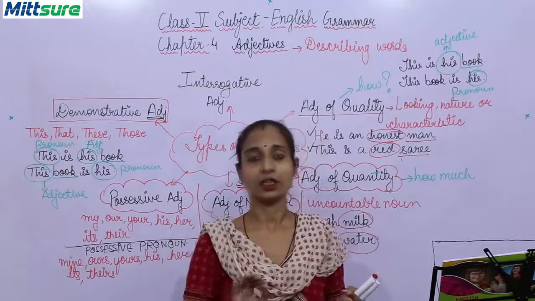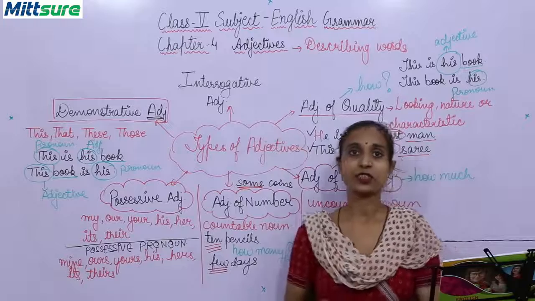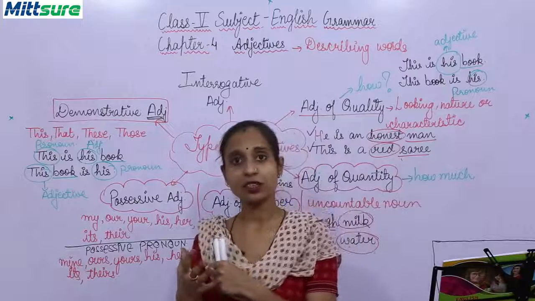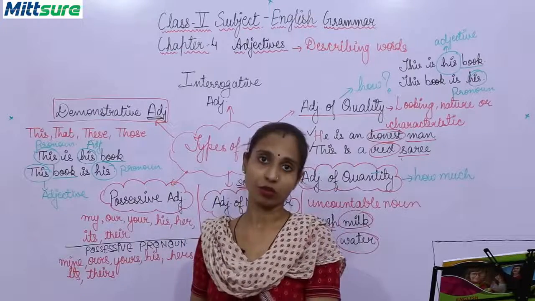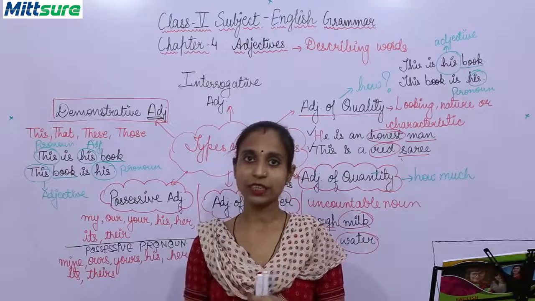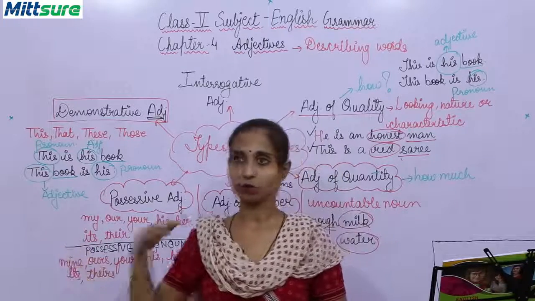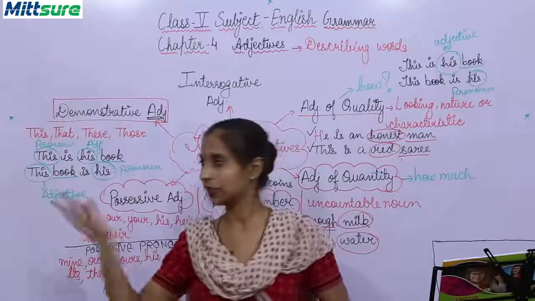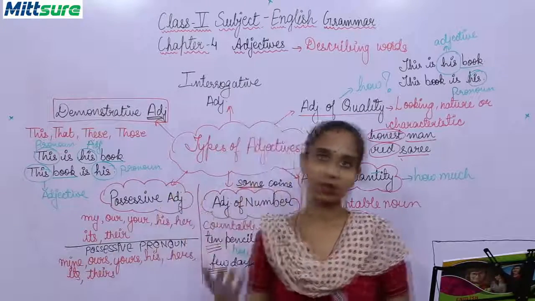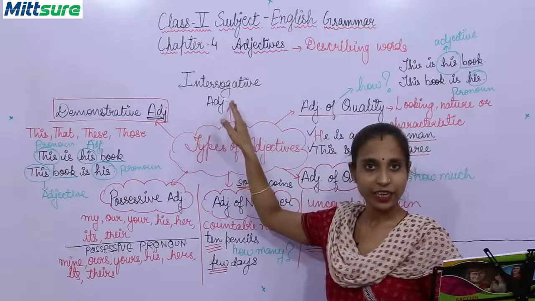So, these are the interrogative adjectives, which ask the question about describing the noun or a pronoun. How many, how much, what is the quantity, what is the quality, which one we are talking about, which noun we are talking about. Let us see what these interrogative adjectives are.